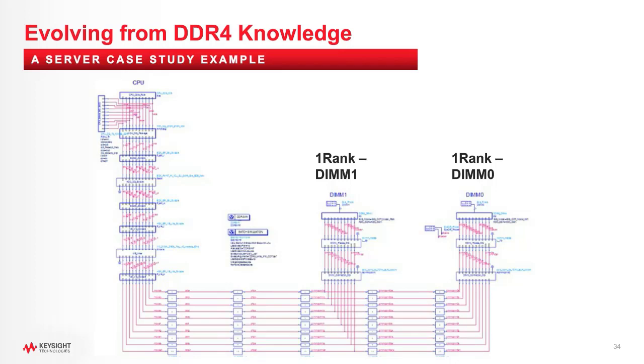In fact, you just use a batch simulation in order to do that, and then take a look at the particular figure of merit. Actually, there's something which I should point out for DDR, it's quite complex, is that you've got multiple different topologies. So for instance, this server design, we could have both of these DIMMs populated, or we could just have one of the DIMMs populated, and that's a completely different signal integrity problem.